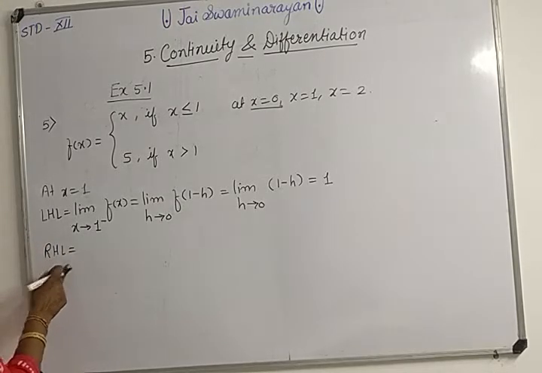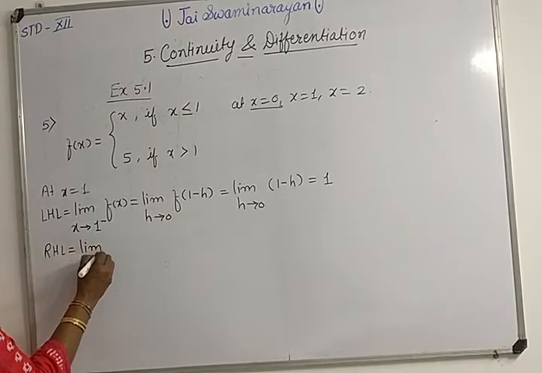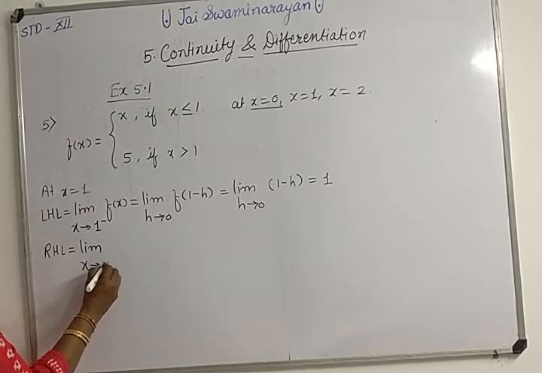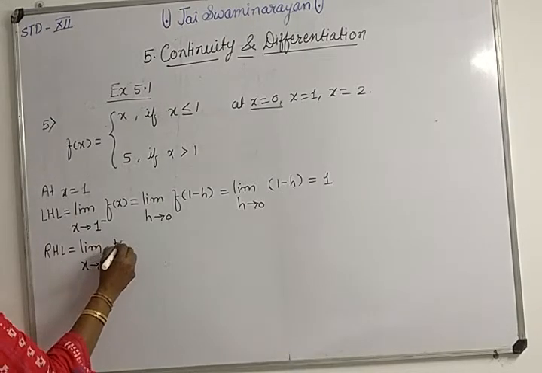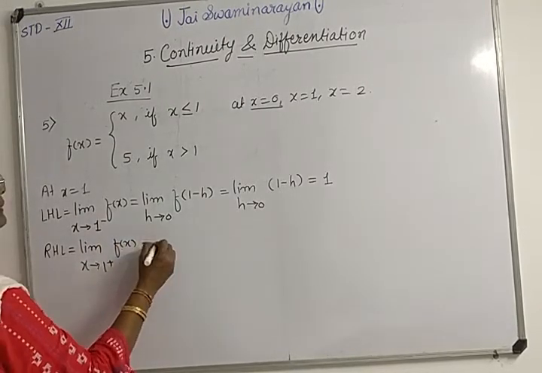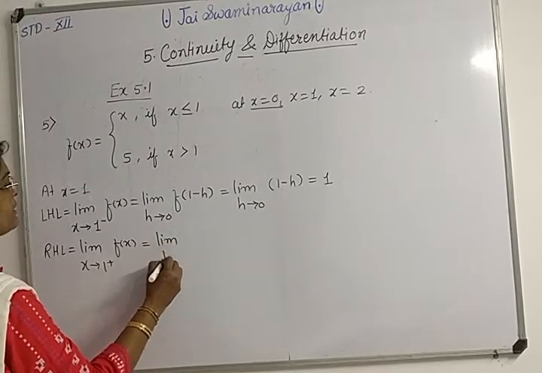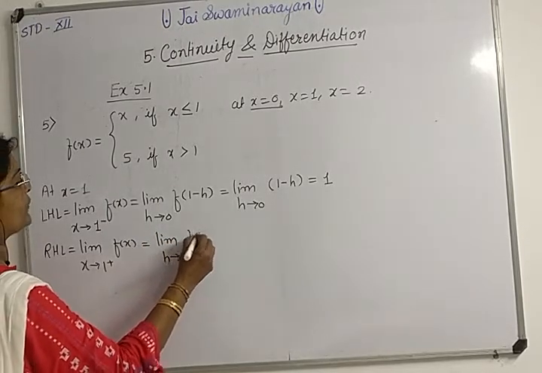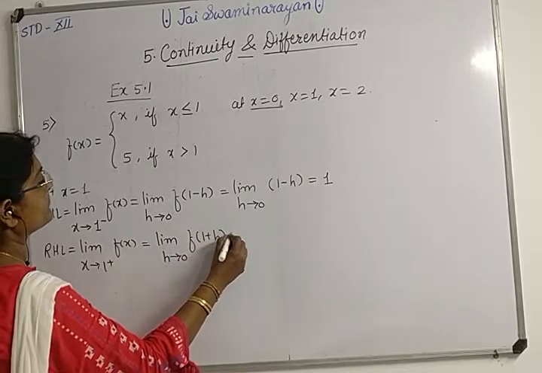For right hand limit as x tends to 1 plus of f of x, 1 positive, that is limit as h tends to 0 of f of 1 plus h.